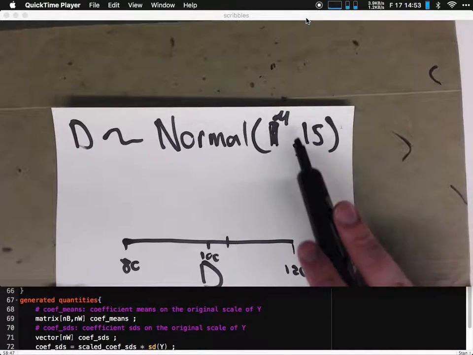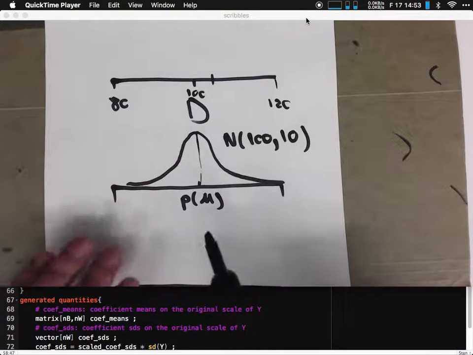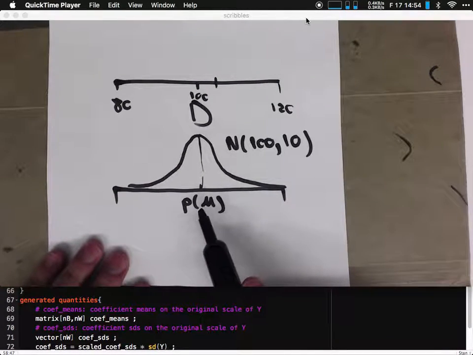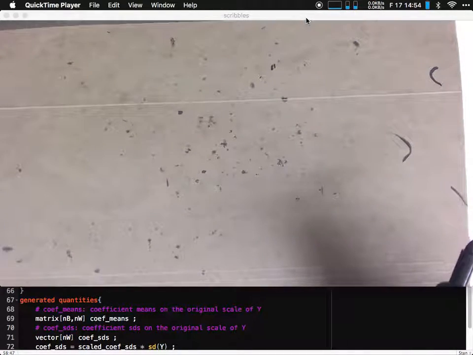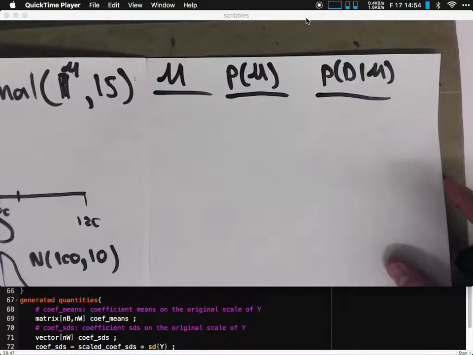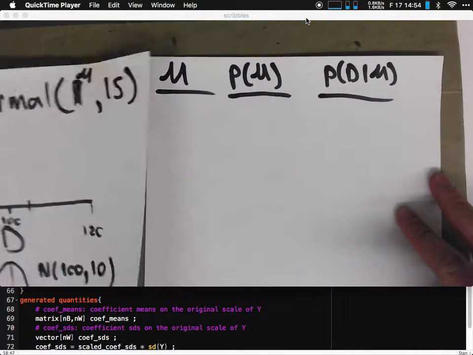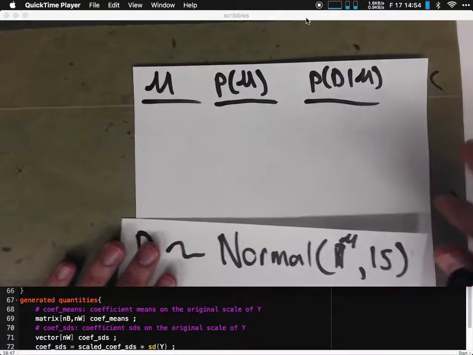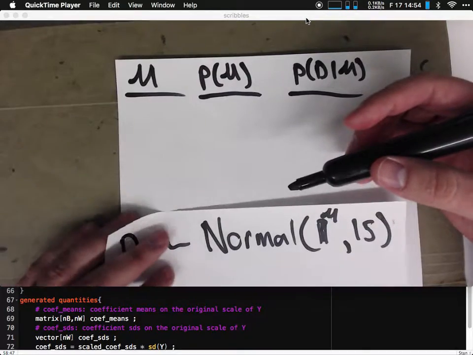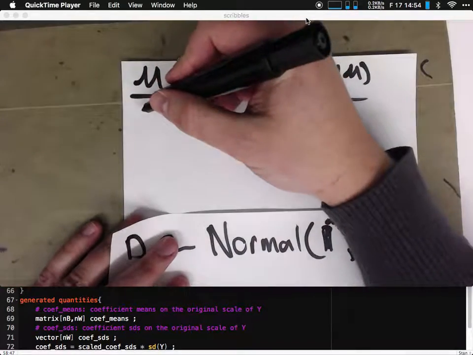Okay, so given this model specification that the data have a normal distribution with some unknown mean but a known variability, and a prior on the thing that we're uncertain about, the mean, we can start stepping through a variety of guesses for what the true value of mu is. So say we said a value of mu of 98.